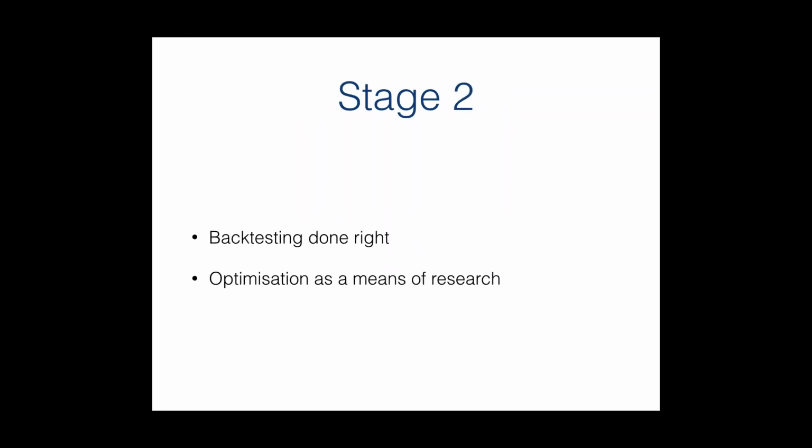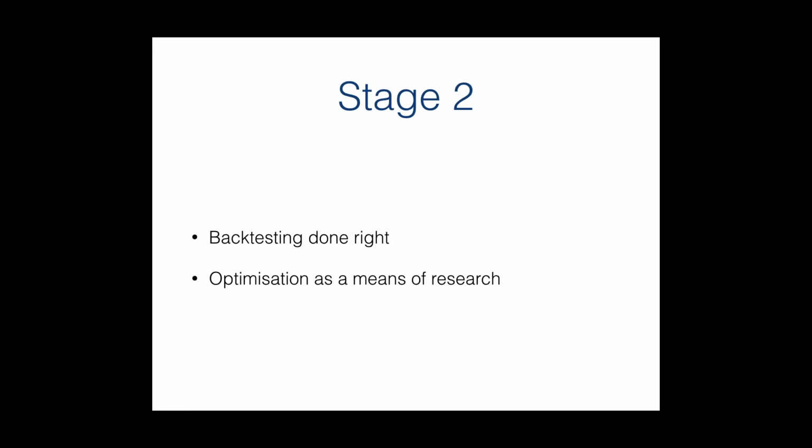Second stage, focused mostly on actual development of the algorithms, of programming codes. So we also discuss how to properly run backtest to avoid a lot of mistakes and to do it almost flawlessly.